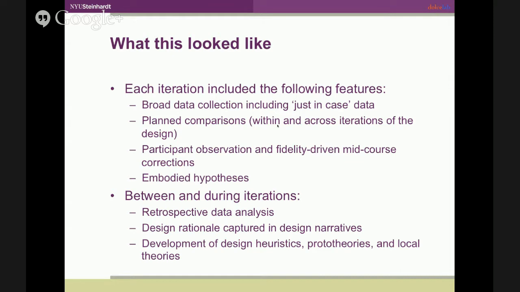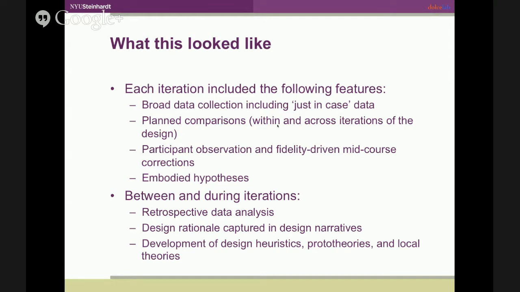And so our lab had a very strong habit at the time of collecting broad, comprehensive data about what was going on, and then iterating things on a semester by semester basis. We had planned comparisons. We would often be able to compare different sections of the same course. We had participant observation, a lot of field work in the classroom to be able to see what was going on.